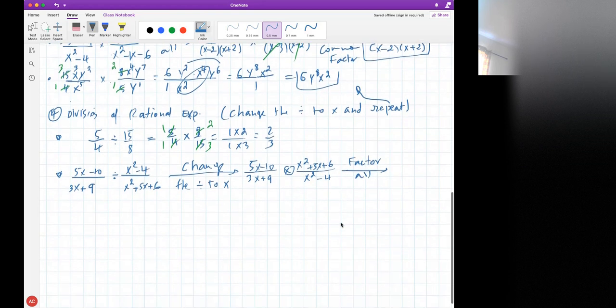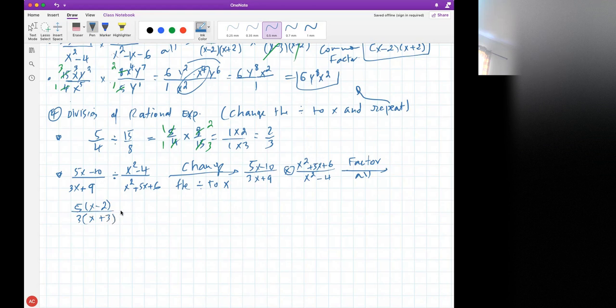So if you factor here, the first one, the common factor is 5. So 5x minus 2 over 3x plus 3. Okay, multiply. We're going to factor the other two.